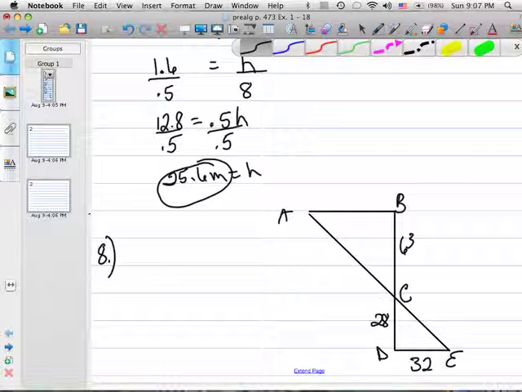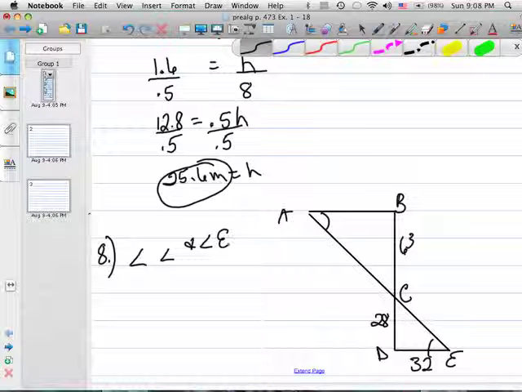Well, angle ACB, the vertical angles, they're equal, but we're worried about the parallel lines. So they got this transversal here. So these are alternate interior angles. So angle A and angle E are congruent, and it's because they're alternate interior angles.